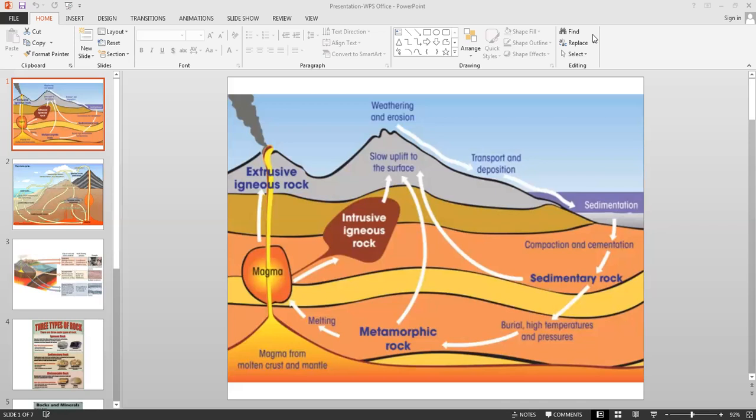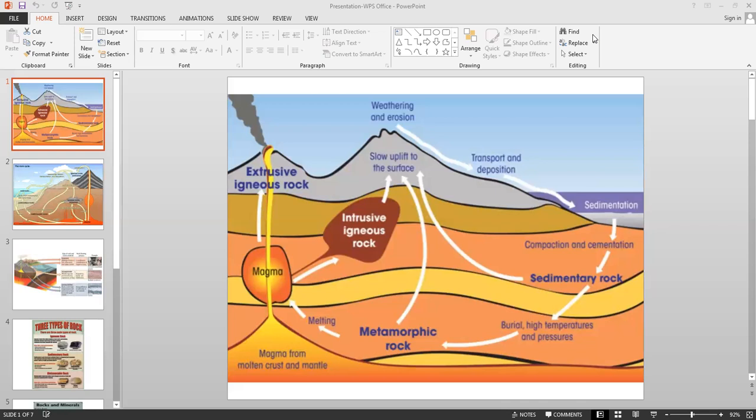As a result, the rocks are heated and put under great pressure. They do not melt, but the minerals they contain are changed chemically, forming metamorphic rocks. So in conclusion, metamorphic rocks are formed due to a chemical change, right?